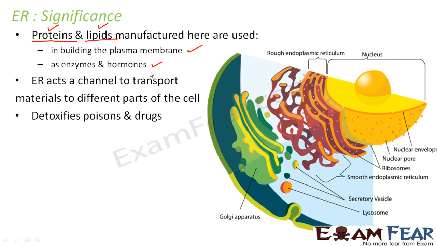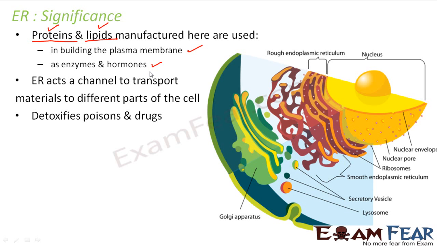How do enzymes and hormones help a body? Enzymes help us in many ways. For example, enzymes actively take part in so many chemical reactions which keep taking place inside the body. How do hormones help? You would have seen there are so many traits which come with hormones, right? There are so many things which happen in us because of the hormones present in the body.